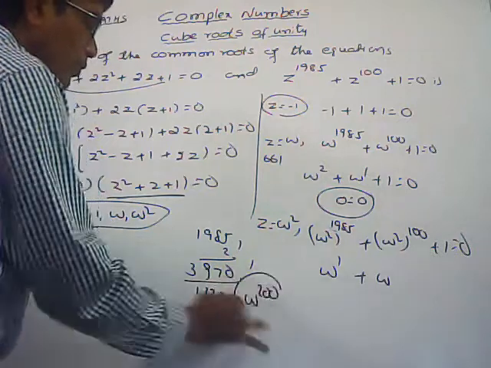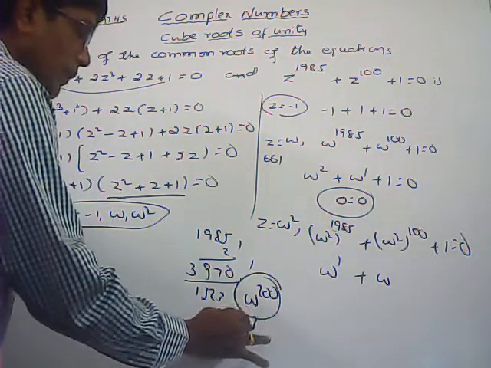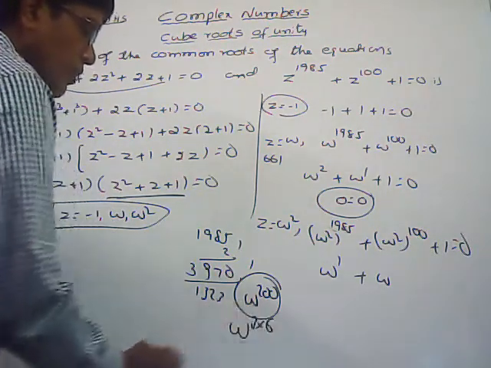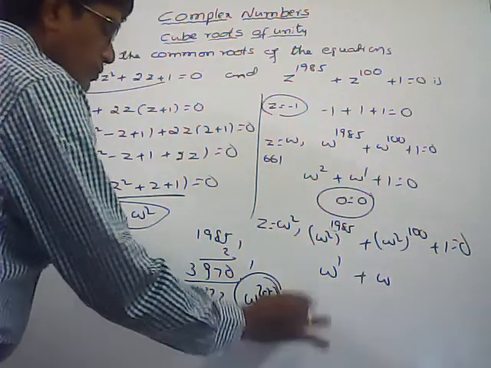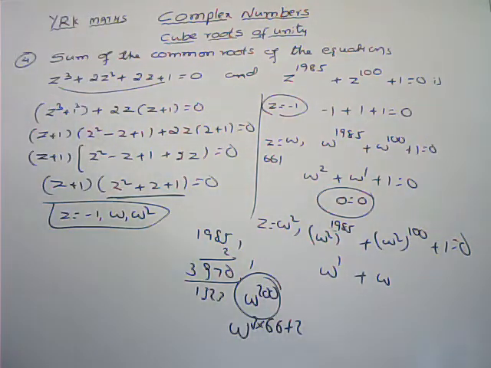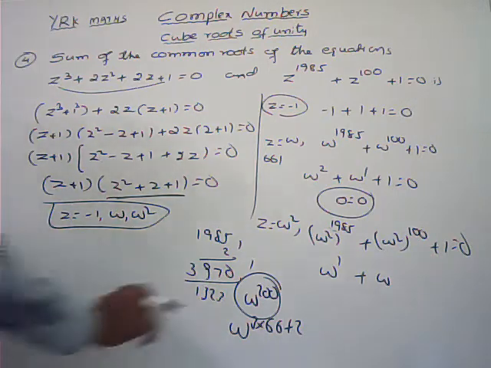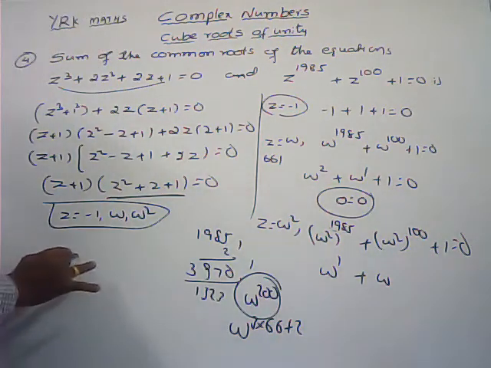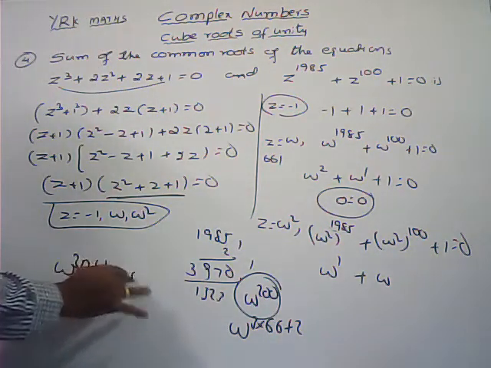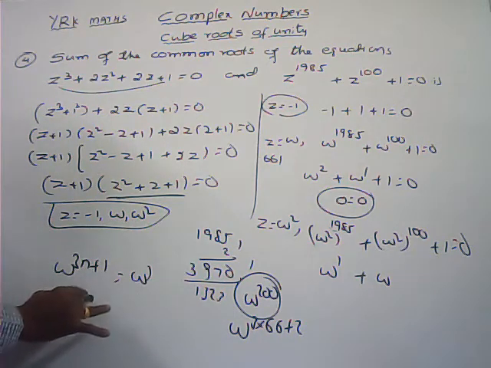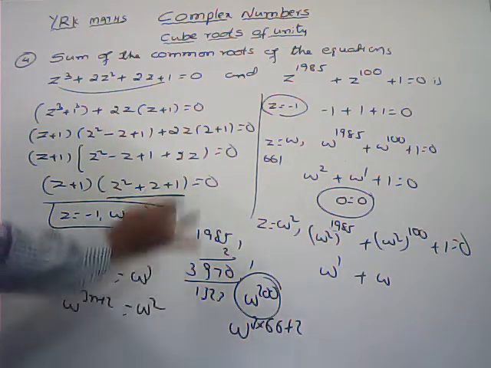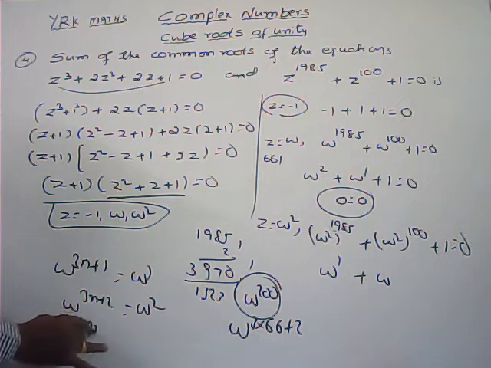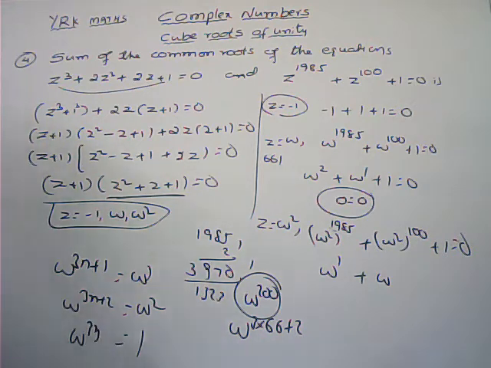Omega power 200 we can write as omega power 3 into 66 plus 2, that is omega power 3n plus 2. Omega power 3n plus 1 is omega power 1, omega power 3n plus 2 we can write omega power 2, and omega power 3n we can write directly 1.